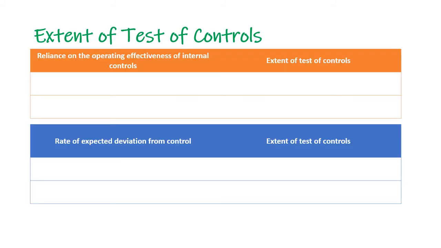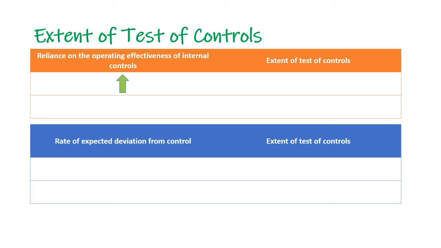So now what would be the effect on the test of controls if there is a reliance on the operating effectiveness of the internal control, or the degree of reliance? And also, what will happen to the test of controls based on the rate of expected deviation from the control? So how do we know? So first is on the reliance.